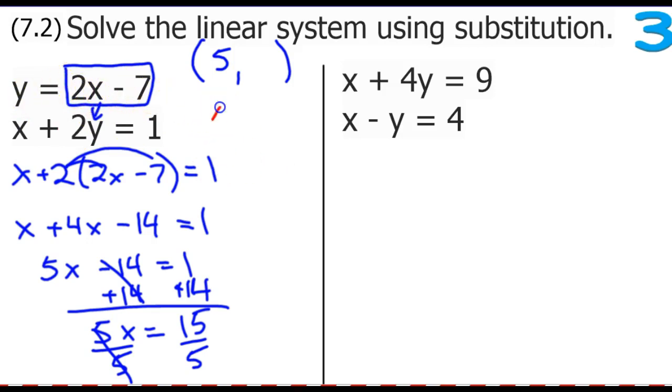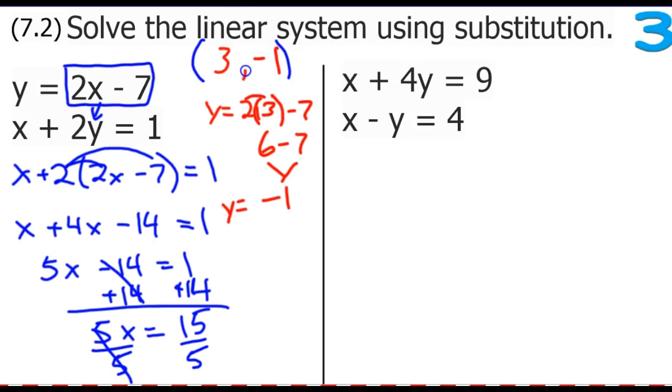So y equals 2 times 3 minus 7. 2 times 3 is 6. 6 minus 7 is negative 1. So y equals negative 1.